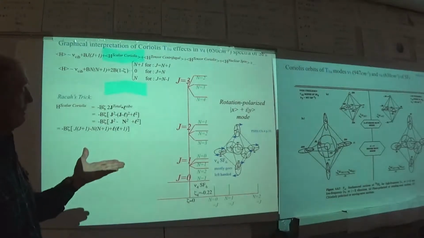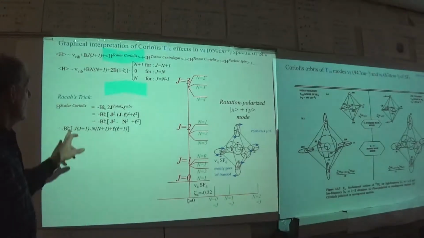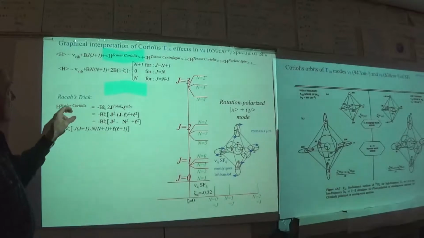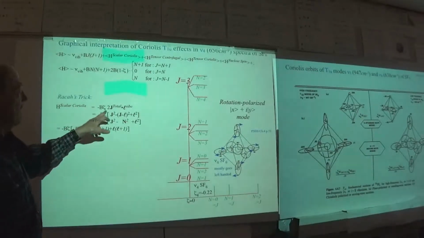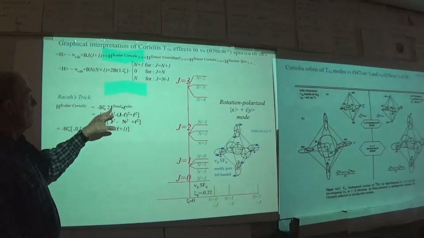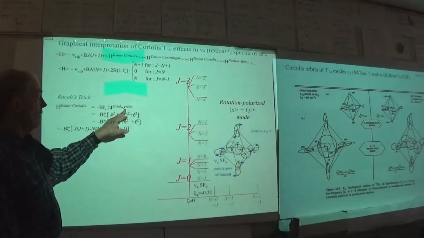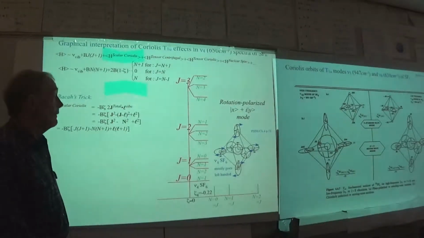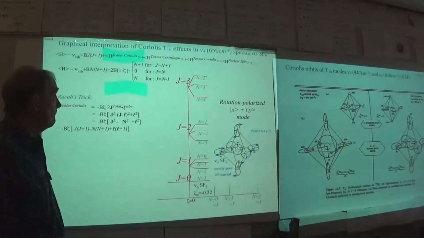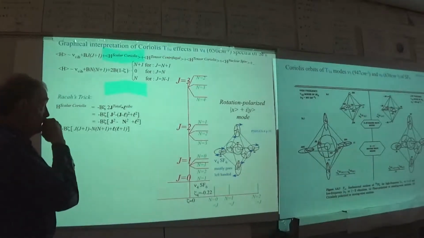But when it gets the orbits, then you get what I call Rock's trick here. The scalar Coriolis interaction between the total angular momentum and the L of the vibrations, taking them one at a time, one mode at a time.